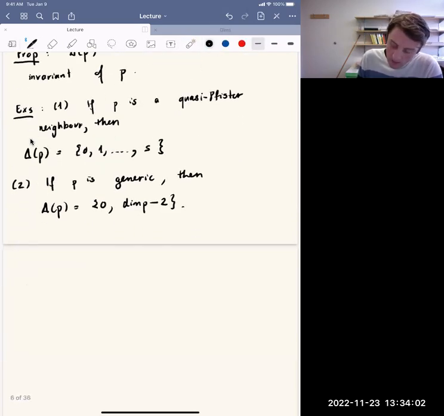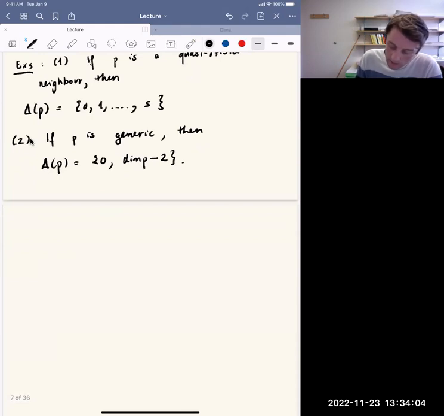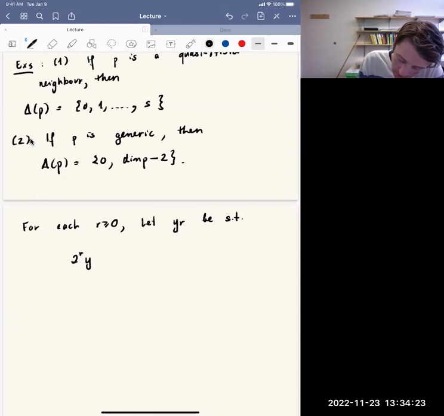Okay, so I'm now going to formulate or state the theorem, which will lead to the new version of our original conjecture. So I need one additional piece of information. For each integer r greater than or equal to 0, we let y_r be the unique integer such that the Izhboldin dimension of P is greater than 2^r times y_r, but less than or equal to (y_r plus 1) times 2^r.